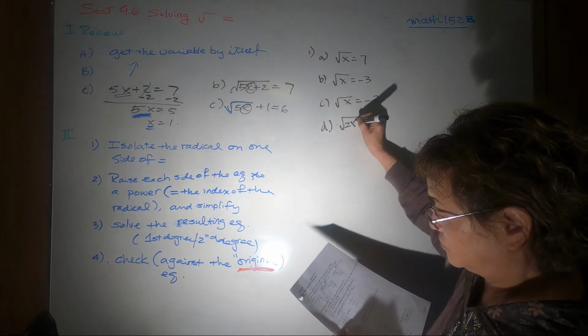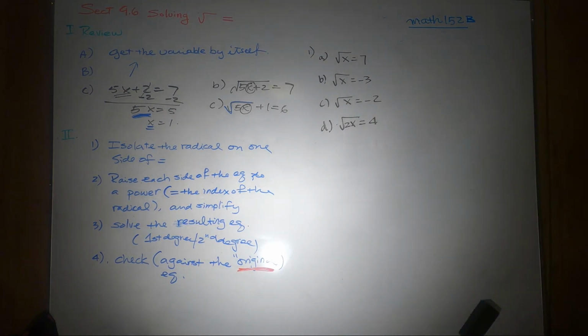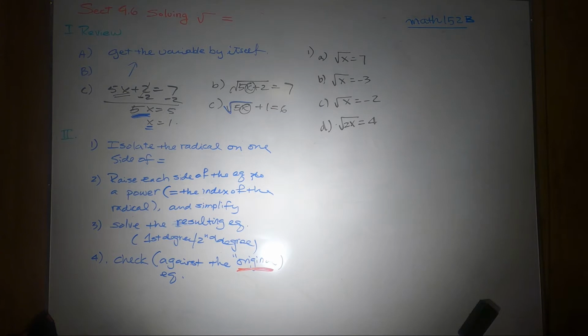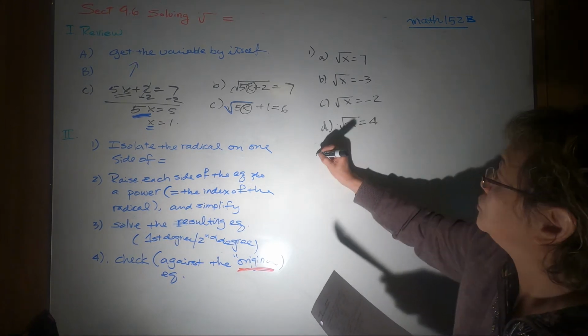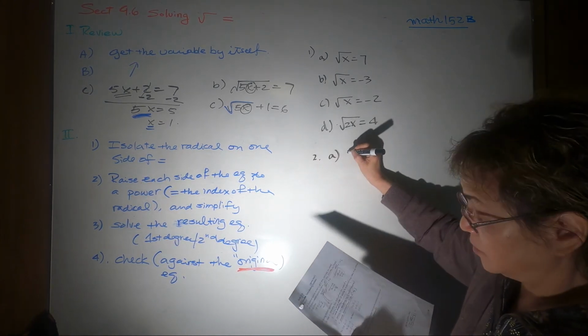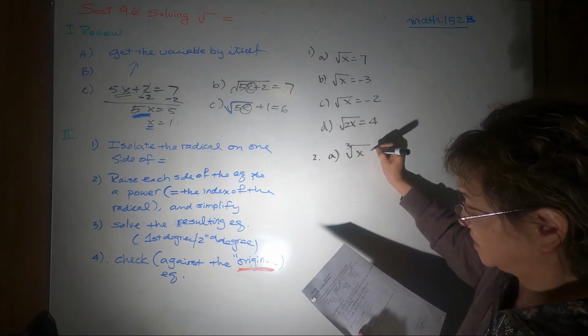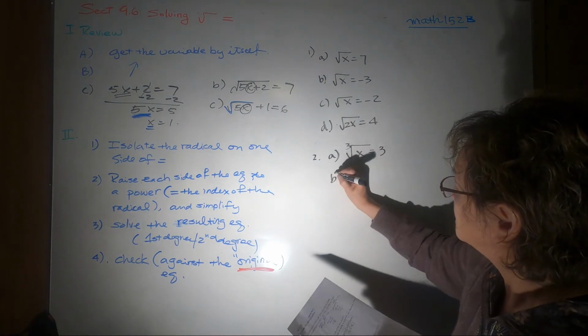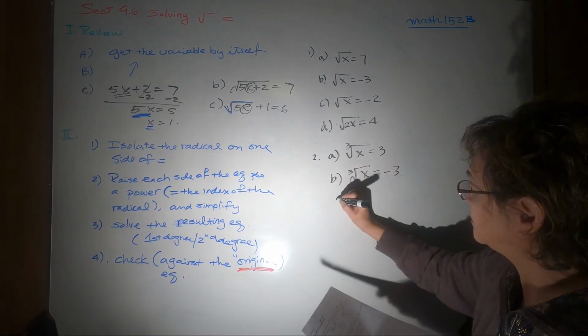Okay, square root of 2x is 4. Then what's our x? Right? For the square root. Then for the cube root, let's see how we are going to do it. So we have cube root of x equals 3, or cube root of x equals a negative number.